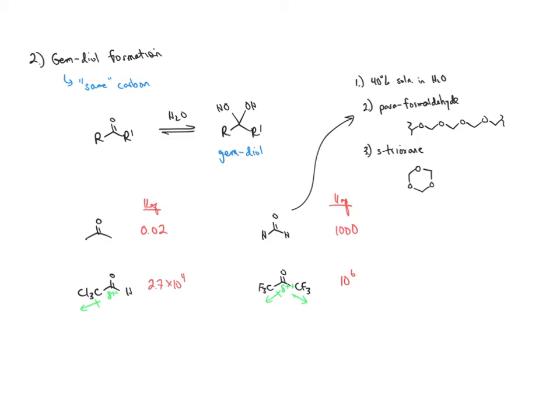Now, how can we get gem-diol formation with acid or base catalysis? Well, let's try base catalysis. All right, so under basic catalysis, we've got some base that's going to react with water.